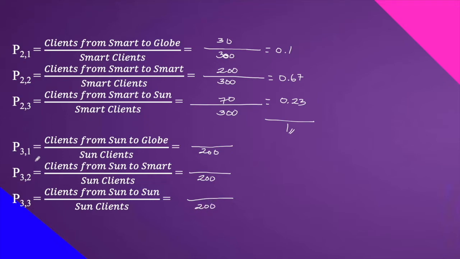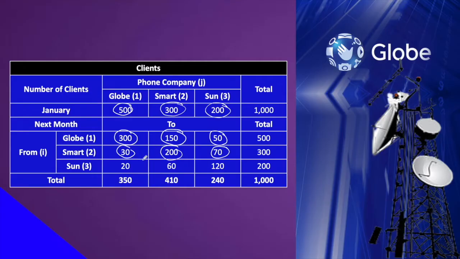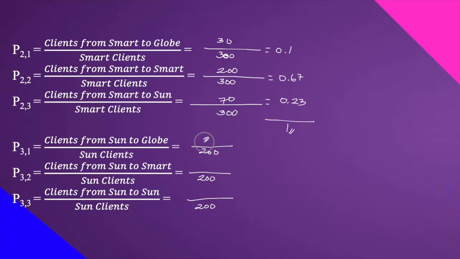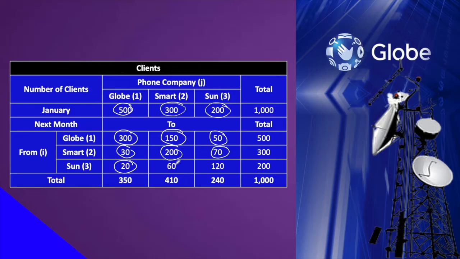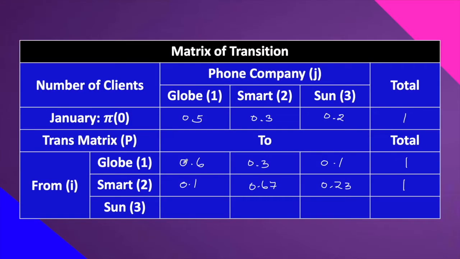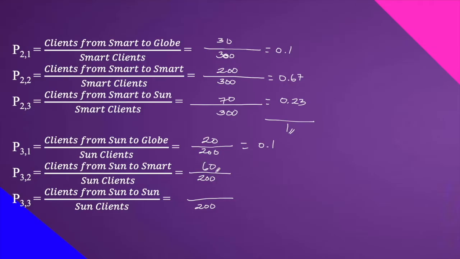Okay, so P sub 3, 1, clients from Sun to Globe. Where is Sun to Globe? That is 20. So, 20 over 200. This is equivalent to 0.1. Next, clients from Sun to Smart. Sun to Smart, that is 60. So, 60 divided by 200. That is equivalent to 0.3.